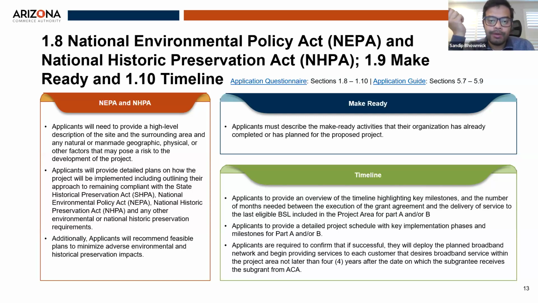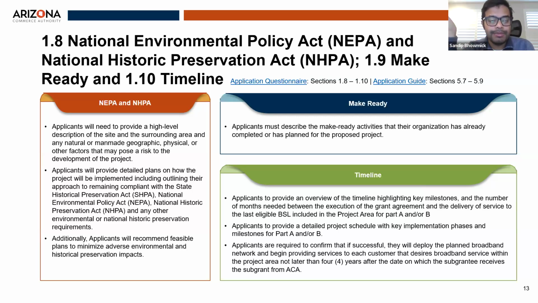That means 100 Mbps download and 20 Mbps upload. So the locations you will be seeing in this portal are strictly eligible for BEAD and not funded by any other funding. Does that mean that location cannot be funded in future when we are going through this procurement?